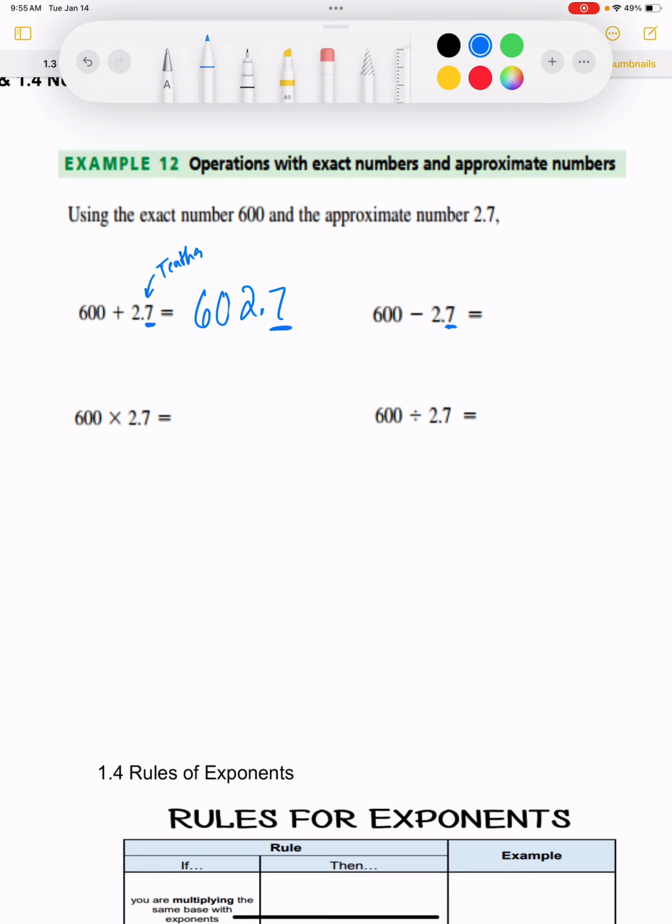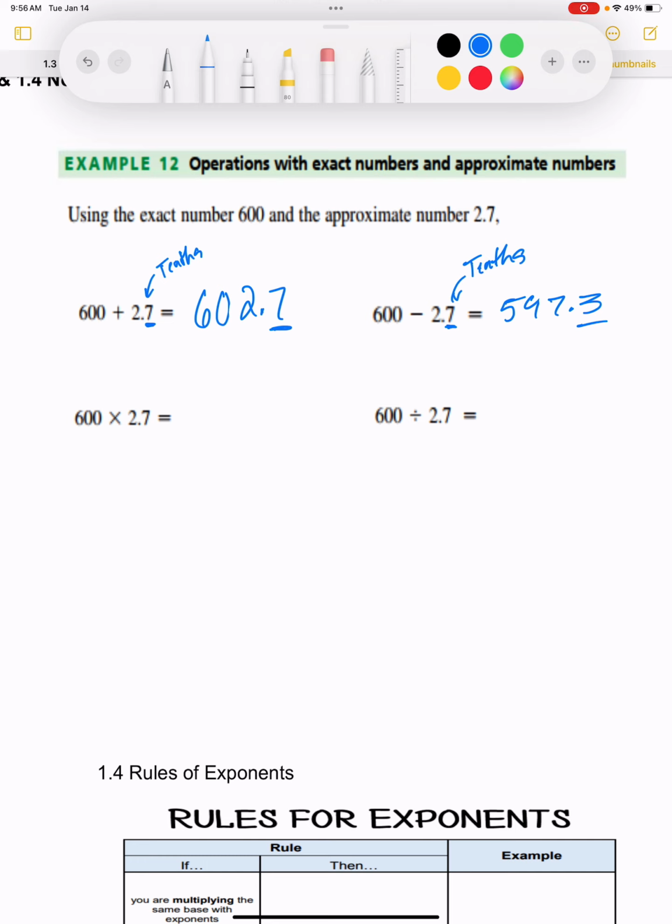So when I'm getting my answer, I want to express my answer to the nearest tenth, 600 minus 2.7, which gives me 597.3, and I'm leaving my answer to the nearest tenth because that was what was least accurate.